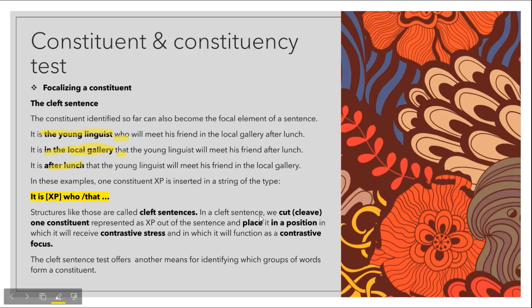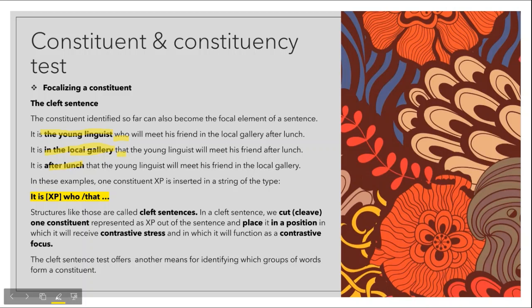In a cleft sentence, we cleave one constituent, represented as XP, out of the sentence and place it in a position in which it will receive constructive stress, which I told you is more emphasis or more contrastive stress, and in which it will function as a contrastive focus. It means it gets more focus, like we put it under the microscope or something like that.